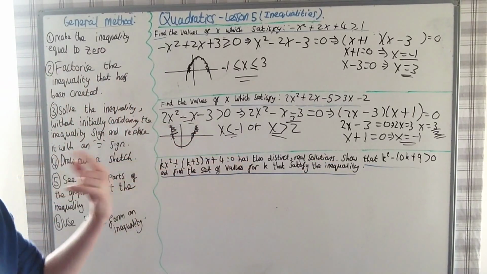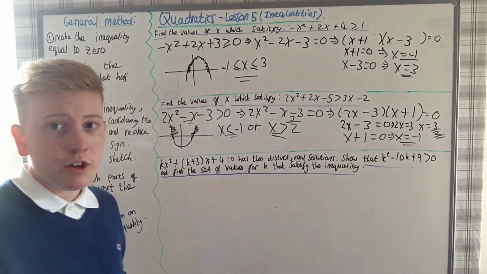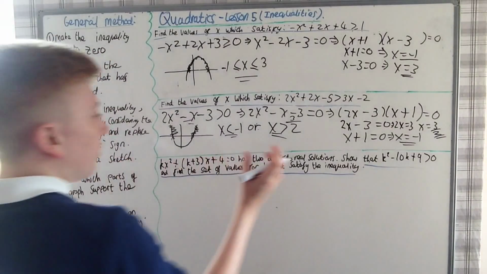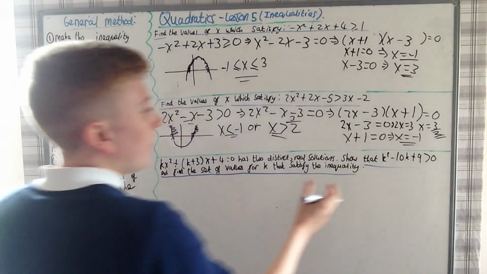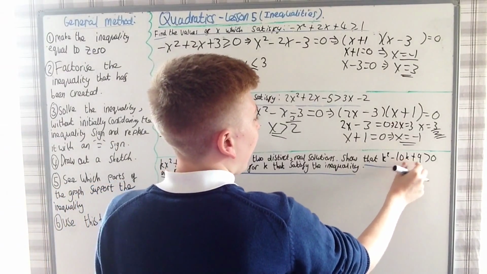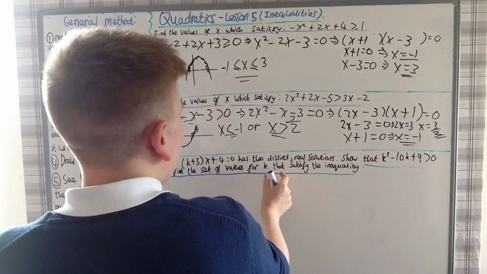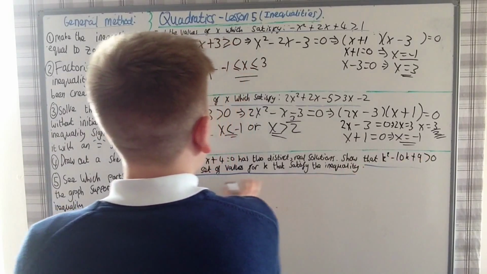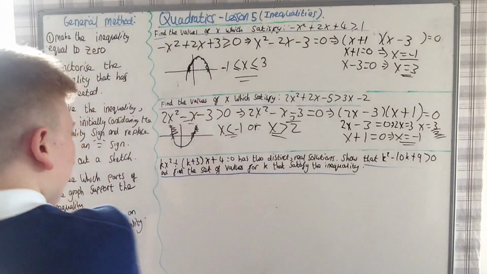Now, if you remember back to our previous lesson, we said that if a quadratic has two distinct real roots, then the discriminant of this will be greater than 0. And we're then told to show that k squared minus 10k plus 9 is greater than 0, and find the set of values for k that satisfy the inequality. So we're doing the same thing with this part as we have in the previous questions, but we have to prove something first.